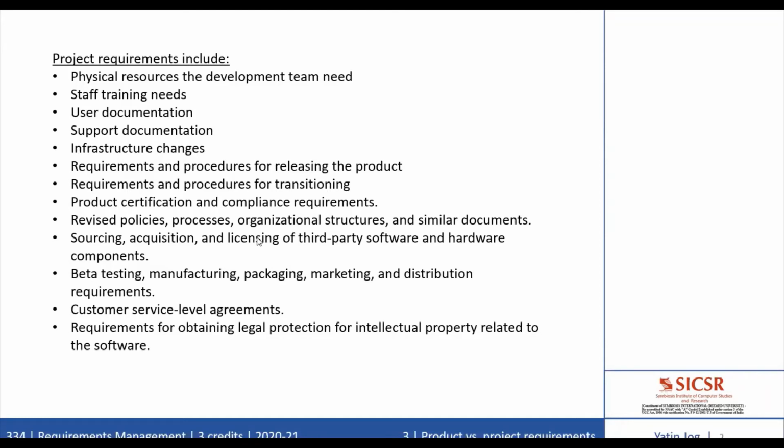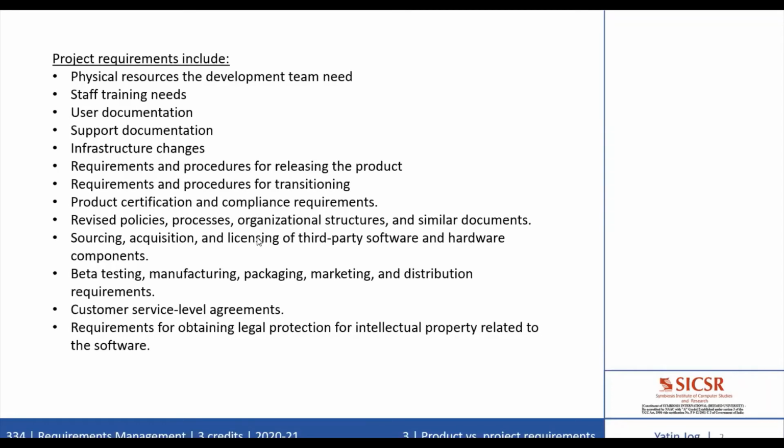For example, data migration and conversion requirements, security setup, production cutover, then training to close the skill gaps because we are shifting from the old system to the new system. These are sometimes called transition requirements, as part of project requirements. Then the next is product certification and compliance requirements.